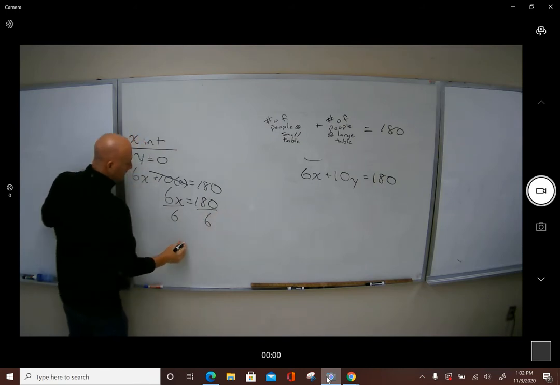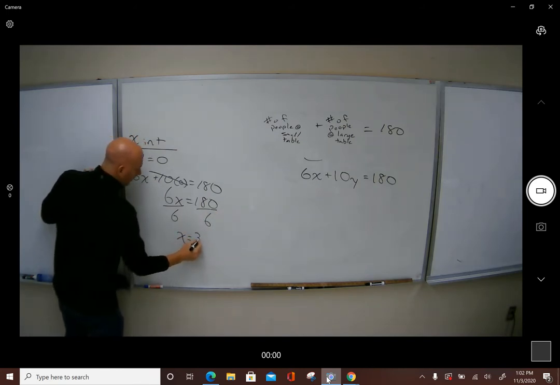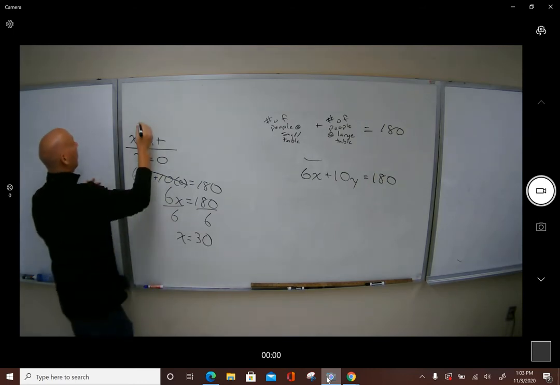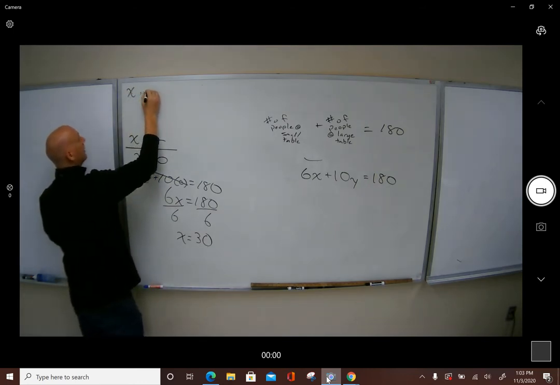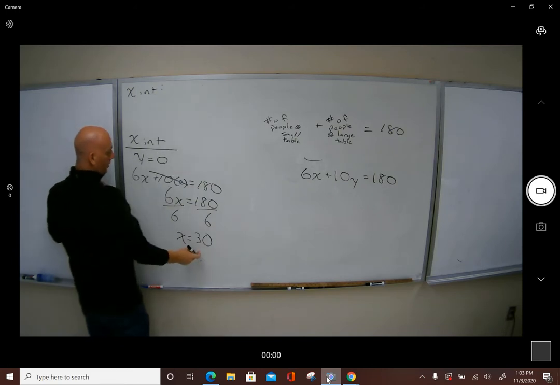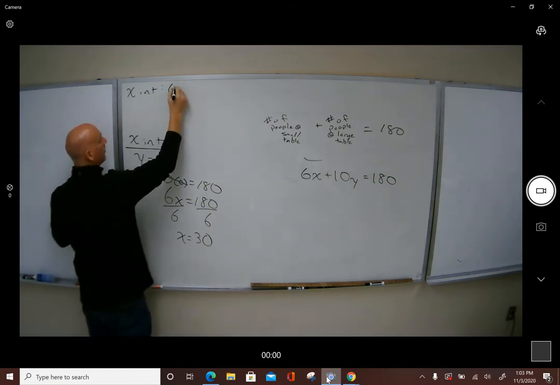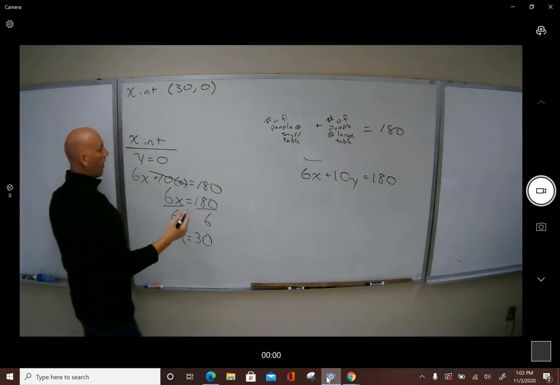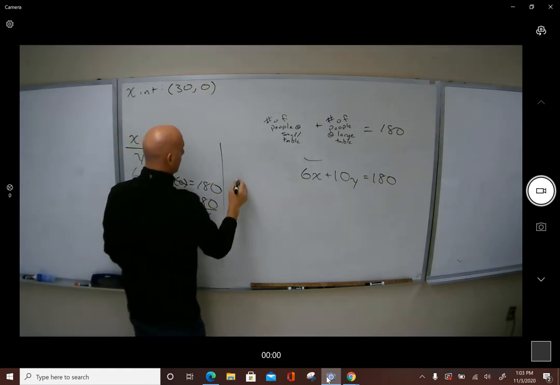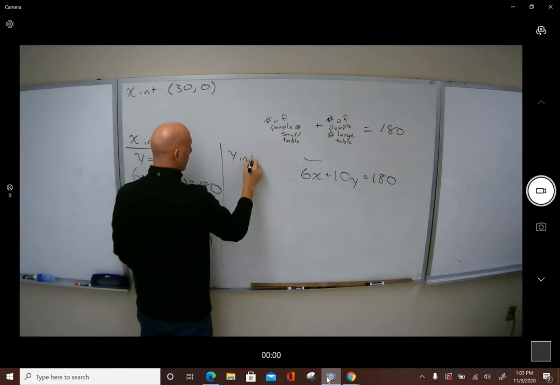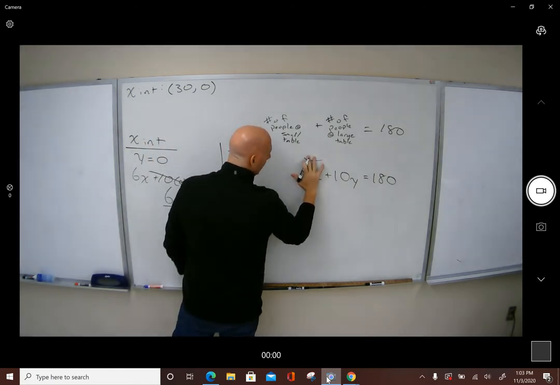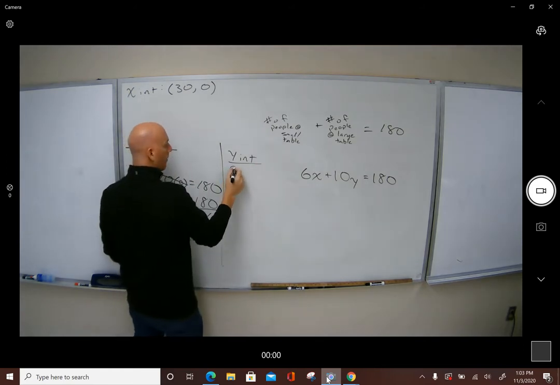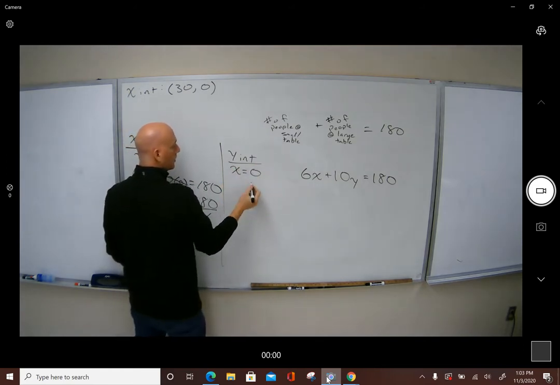Divide each side by 6. Then we're at x equals 30. So for the x-intercept, we have our first point: the x-intercept is at (30, 0). The y-intercept: again, you can use the cover-up method, cover up the x, and then you'll get the equation for y. Or you can just remember, x must equal 0.